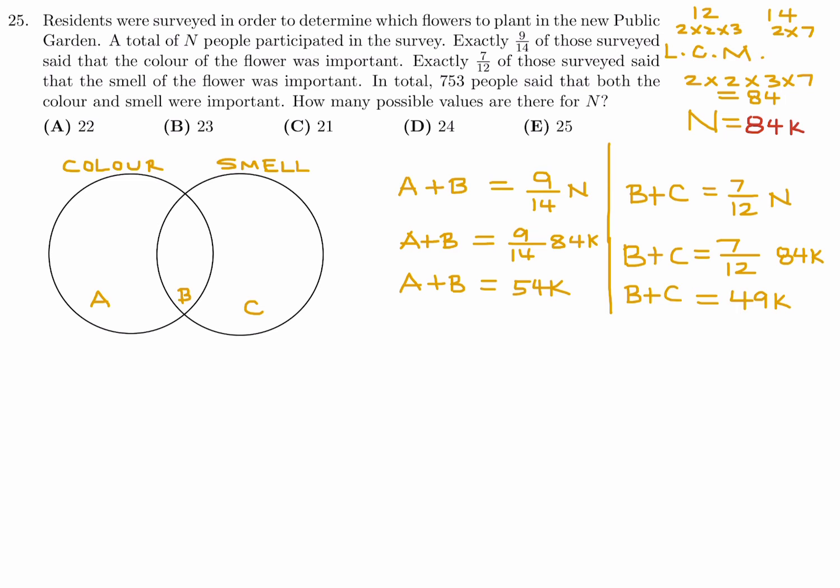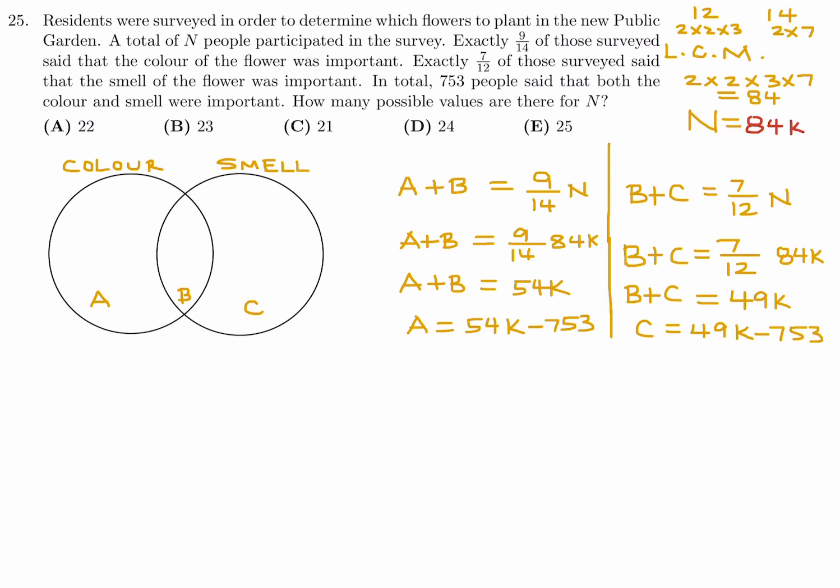Now we look at this part, which says that 753 people said that both color and smell were important. That number represents B, so B is 753. That means A is 54K minus 753, and C is 49K minus 753.